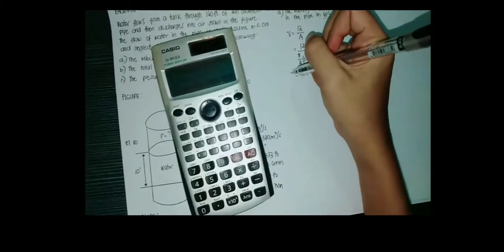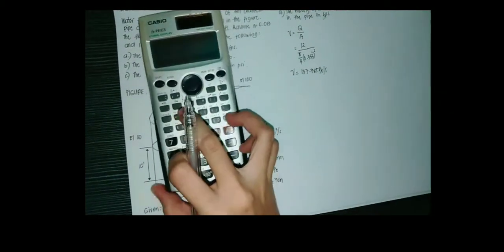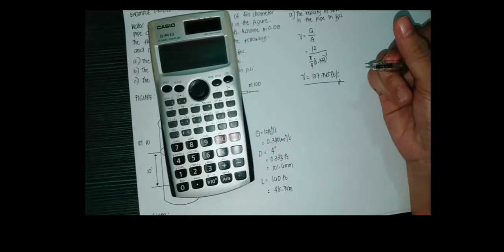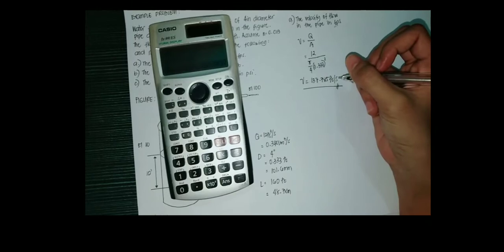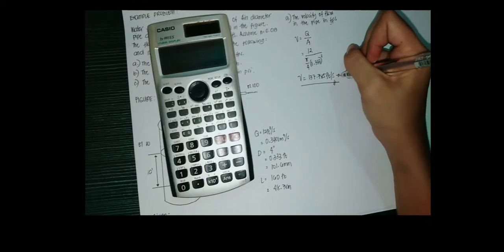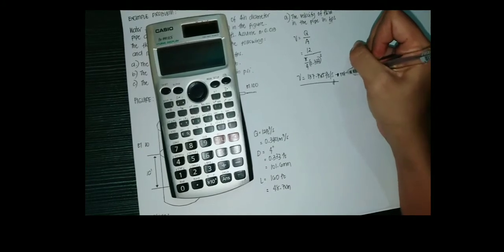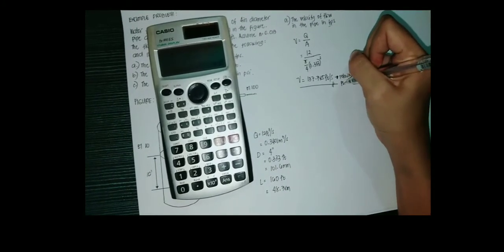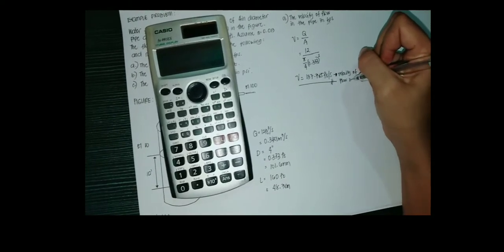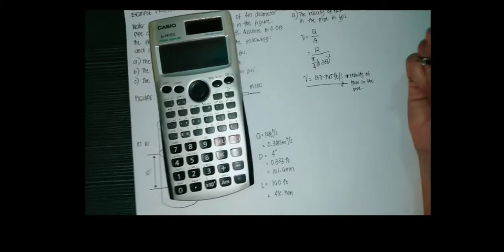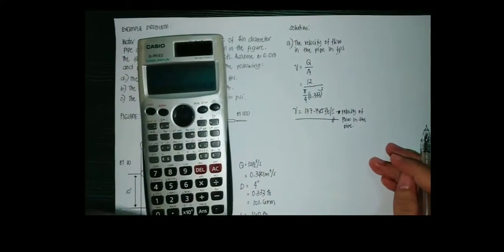This is the value of our velocity, the velocity of flow in the pipe. Okay, we are done with letter A. So let's proceed to letter B.